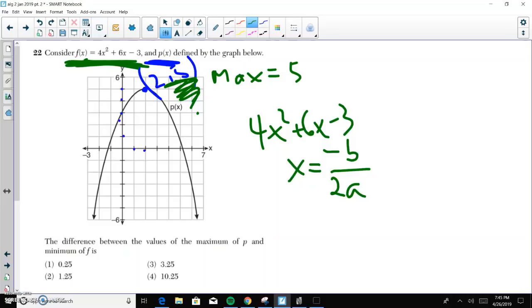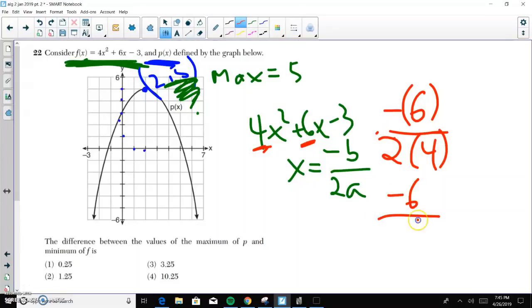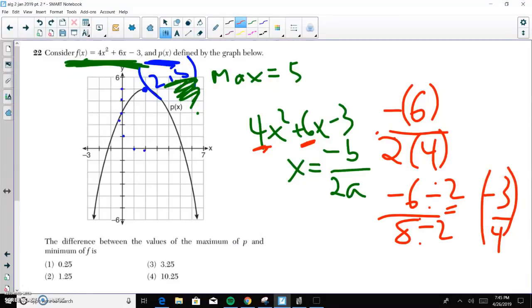And you may be like, why is it x equals? We'll fix that at the end. So the b value is 6, and the a value is 4. So negative 6 over 2 times 4, so negative 6 over 8, divided by 2, equals negative 3 over 4.